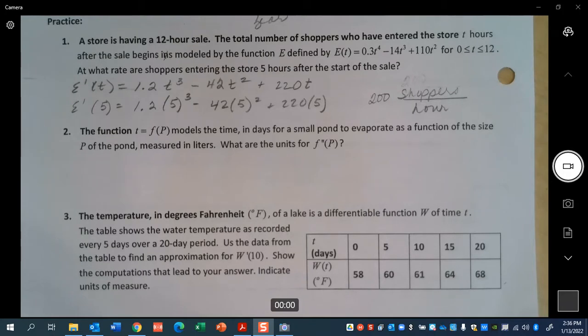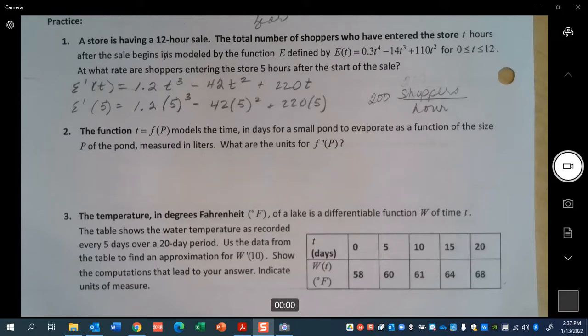All right. This one's backwards because time is our output, not our input. I'm measuring how much time. So time is not an input value like we had with the ball being thrown. In this example, I'm measuring time in days for this pond to evaporate.